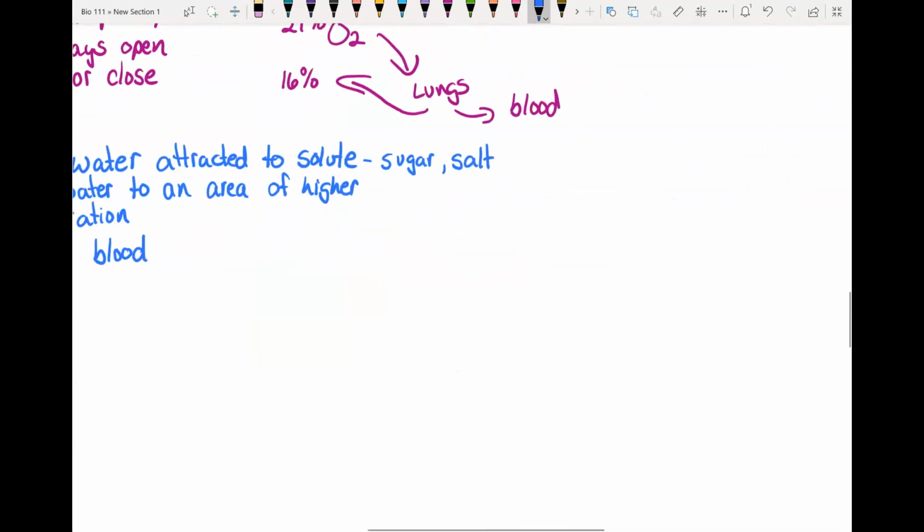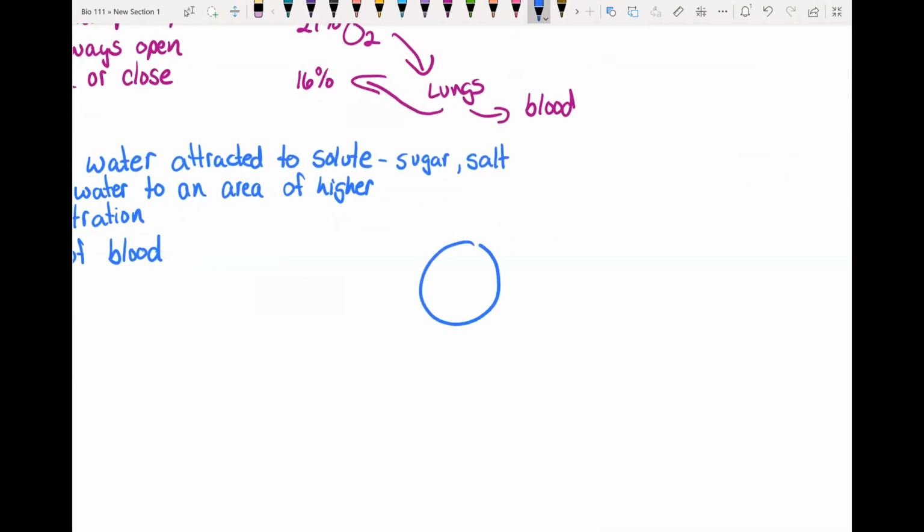So let's look at this a little more. You have your cell. There are solutes inside your cell. You have your blood. There are solutes in your blood. They have to be in balance with each other. They have to be the same concentration. When they are the same concentration, that is a condition called isotonic.